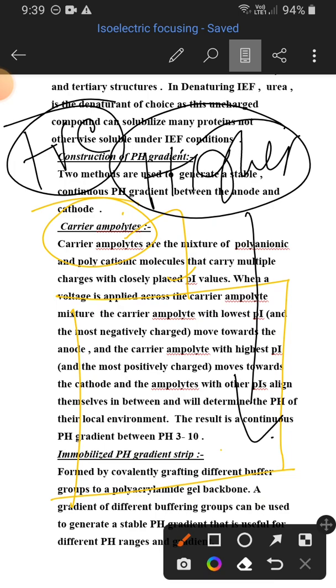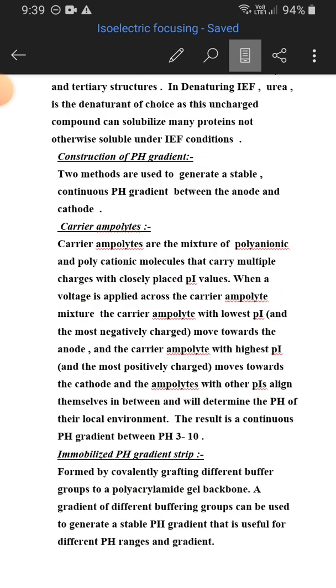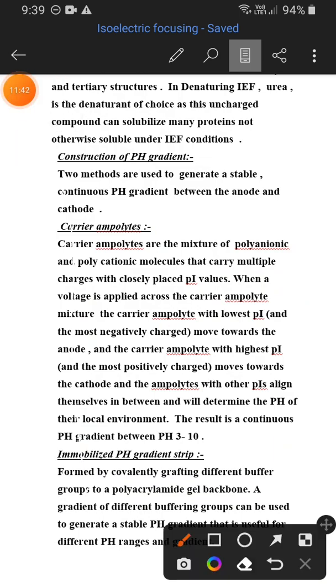The carrier ampholyte with a lower pi value will migrate towards the anode, containing the most negatively charged. All the remaining carrier ampholytes that are in between the highly positively charged and highly negatively charged carrier ampholytes will align in between them depending on their pi value and generate a pH gradient for you.